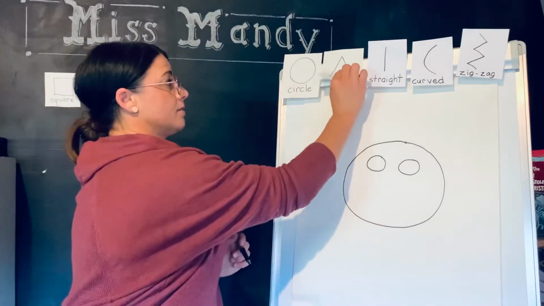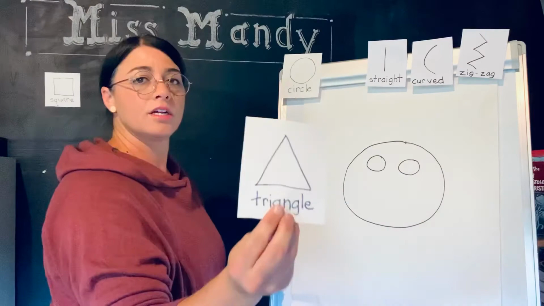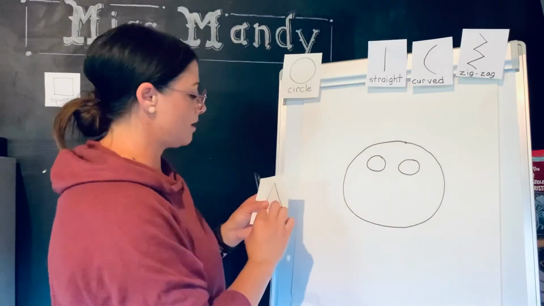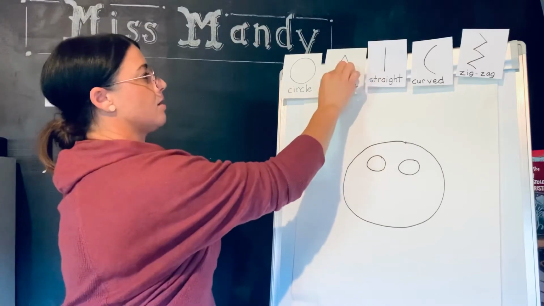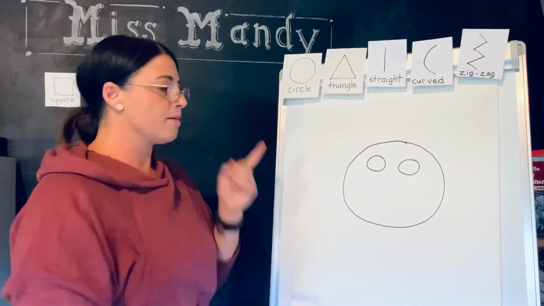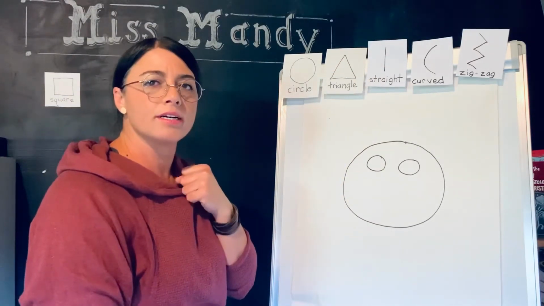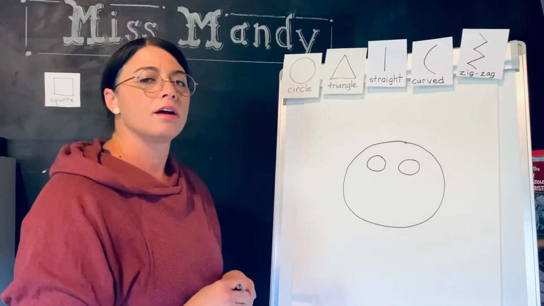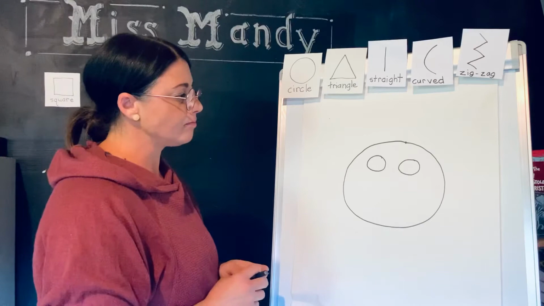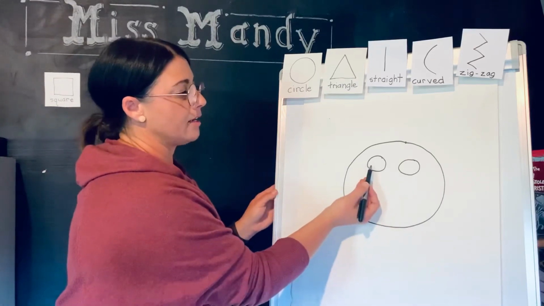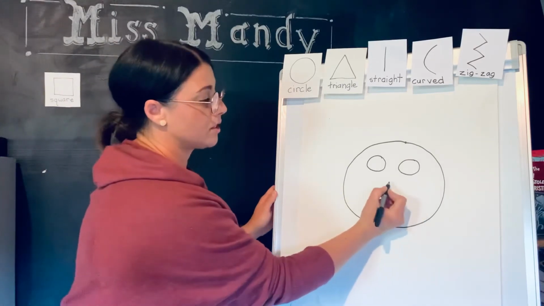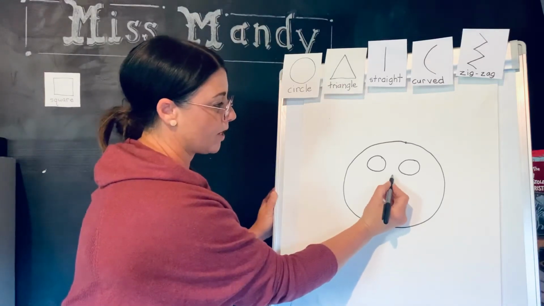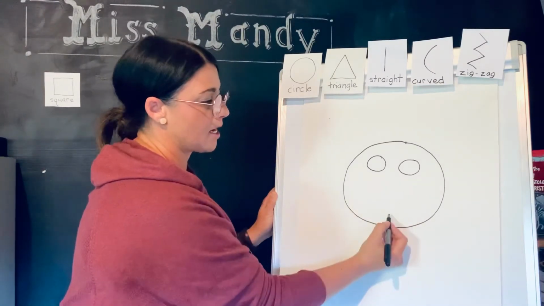Next, we're going to use a triangle. So this triangle is going to be our lion's nose. So think about first, where is a lion's nose on its face? Here's its eyes. So its nose goes right in the middle of the face, under the eyes, but not down at the bottom.